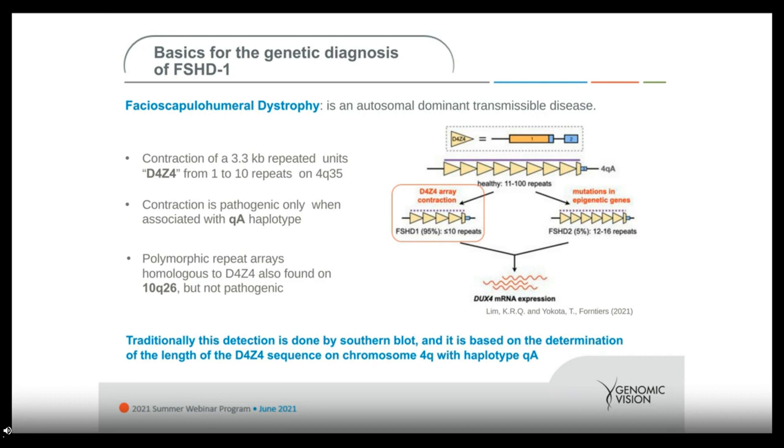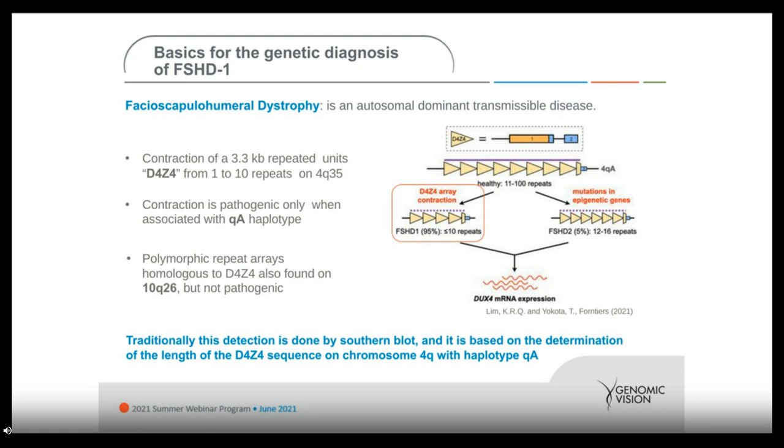There are actually two types of the disease, called FSHD1 and FSHD2. The onset of the two diseases is due to different rearrangements. FSHD1 is due to a contraction of the repeat expansion, while FSHD2 is due to mutations in epigenetic genes.